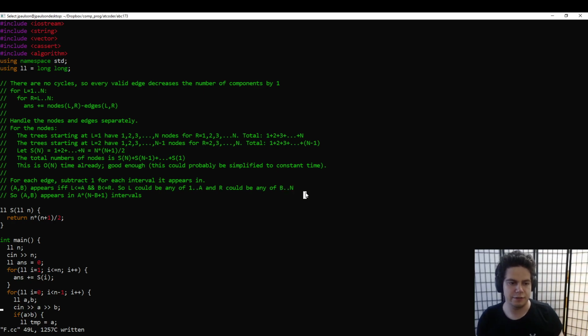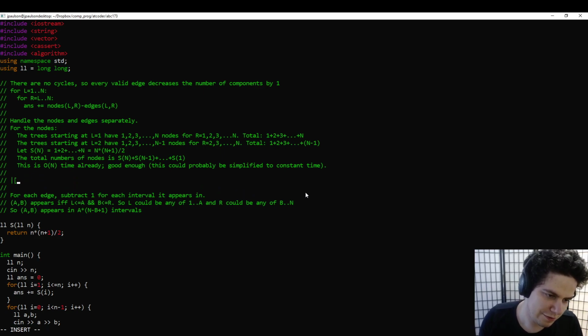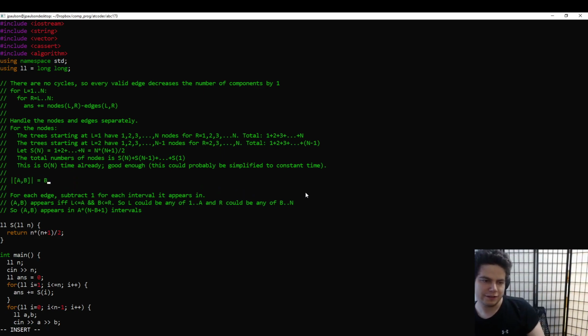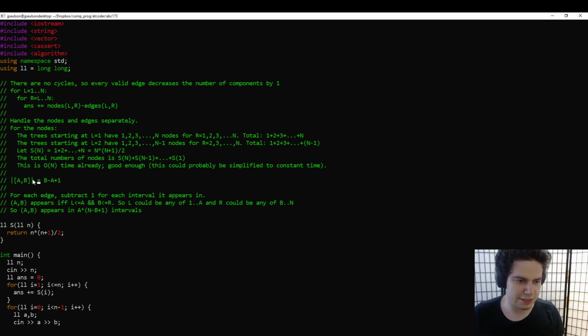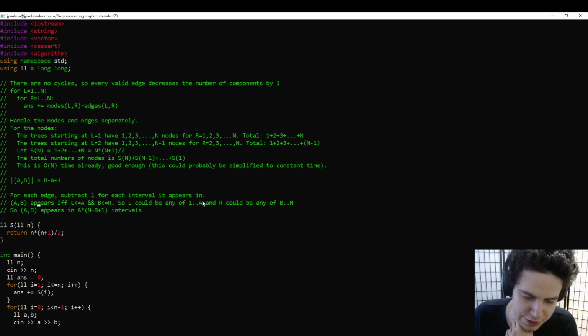A useful thing to know is that the number of numbers from A to B inclusive is B minus A plus 1. This is like the size of the interval. So n minus B plus 1, and also A minus 1 plus 1, just A.